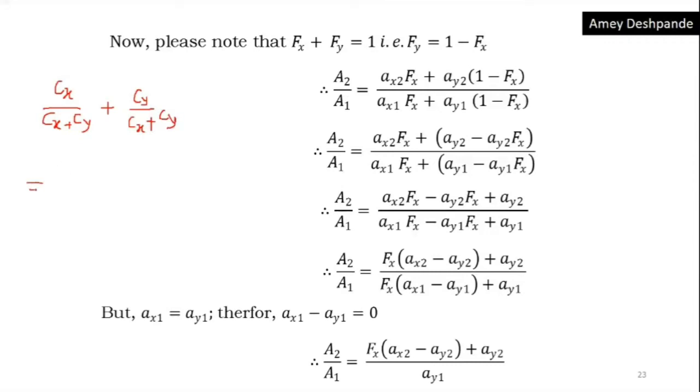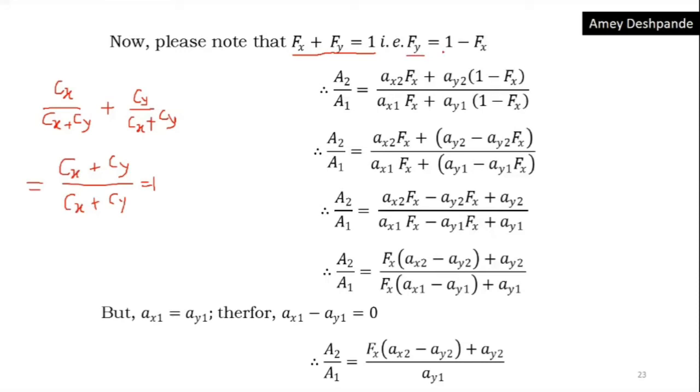So if I add this, what I will get is nothing but cx plus cy divided by cx plus cy. So this is equal to 1. That's why it is written as fx plus fy is equal to 1.